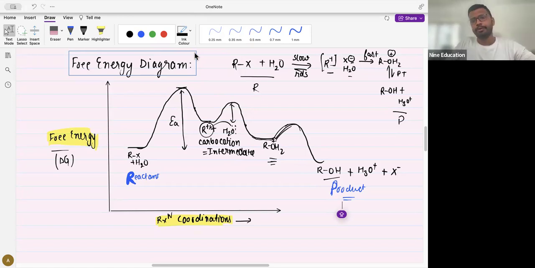Draw this diagram beautifully in your notes. अच्छे से बनाए. But don't worry, Sohan, I will share you the notes, then you can write it. Leave the space.